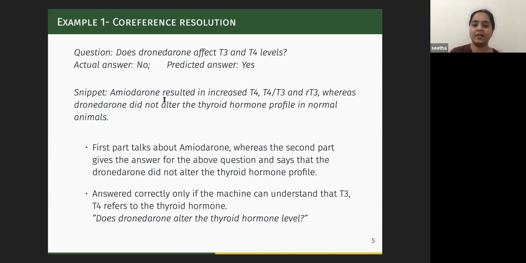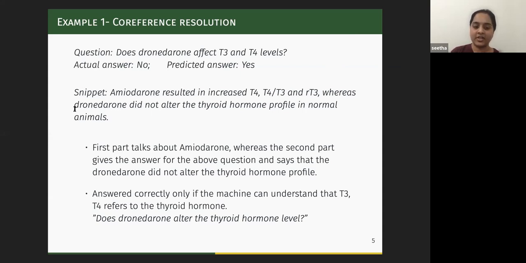For that, we took a particular example from the BioASQ dataset. This question talks about dronedarone and thyroid hormone levels. In the snippet, the first part talks about amiodarone and the T3 and T4 hormone levels, and the second part talks about dronedarone.